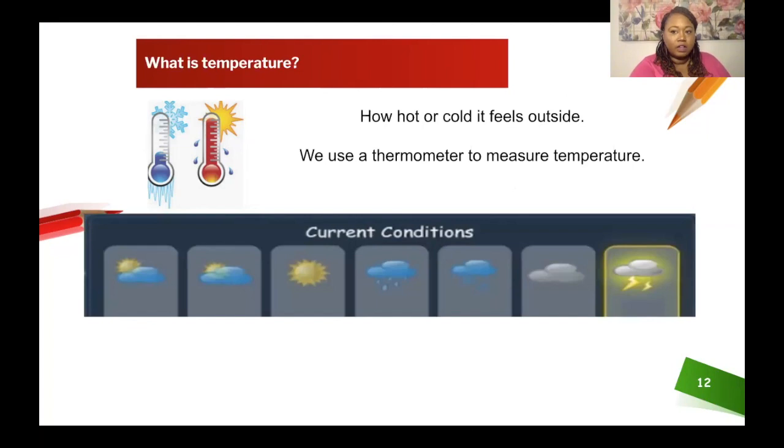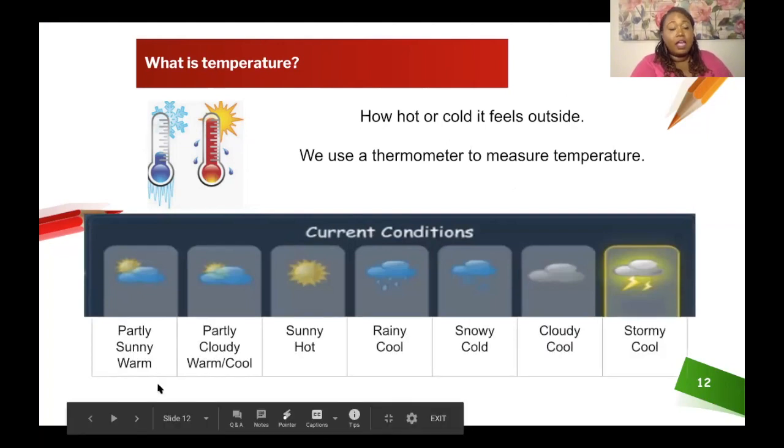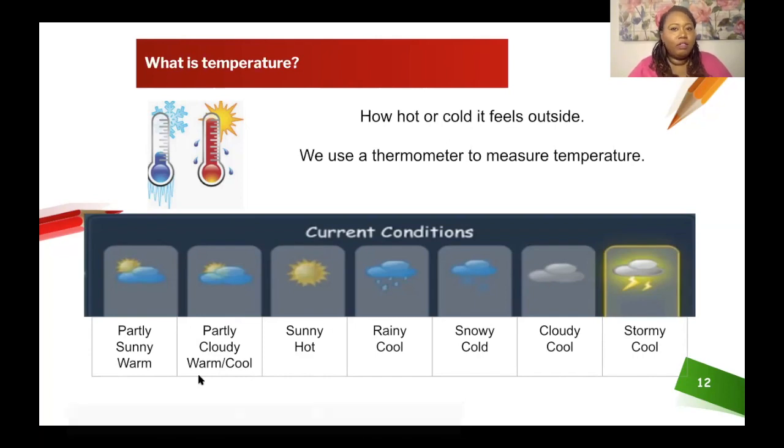All right, and the first one is, this is considered partly sunny. And for partly sunny, I think the weather is warm. When it's partly cloudy, the weather may feel warm or cool. When it's sunny outside, the weather feels hot.